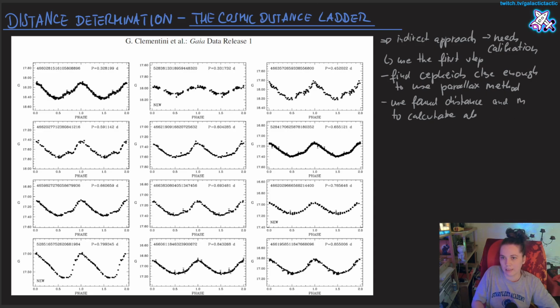Wait, we just make it capital M. We calculate capital M from these ones, from the ones that are close enough for the parallaxes. And thus, the second step depends on the first step, right?